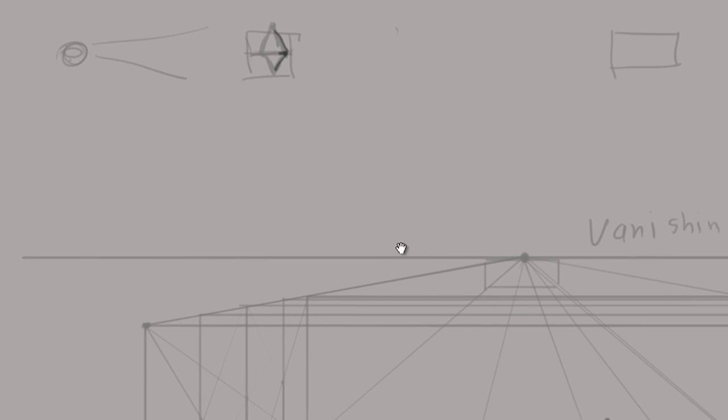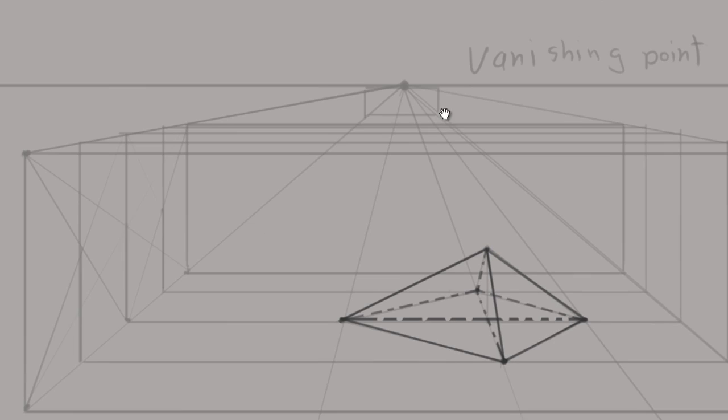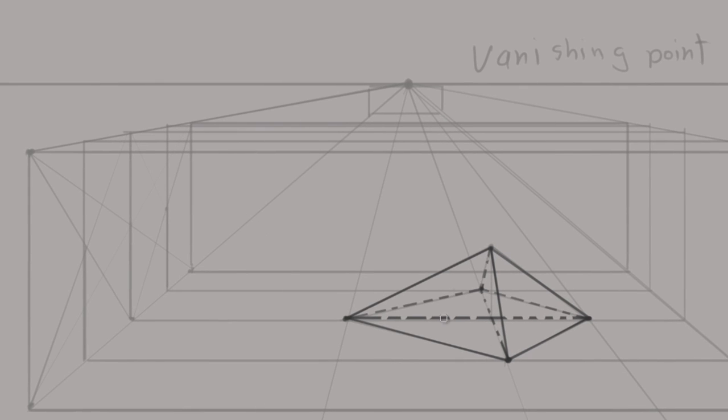But we cannot say the same for the other points and lines that go on the bottom, because this is where we are, and when we watch the object, these lines are going to be beneath the object, and that's why they're not going to be visible. Even the ones that go on the ground are not going to be visible because they're not directly in contact with our eyes.